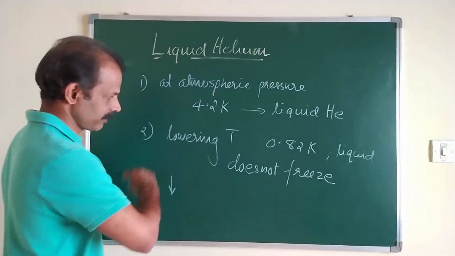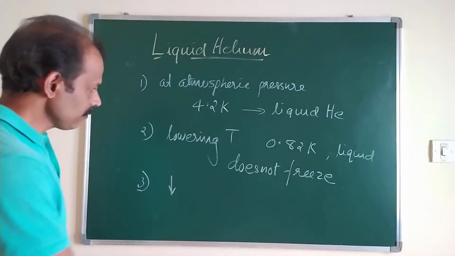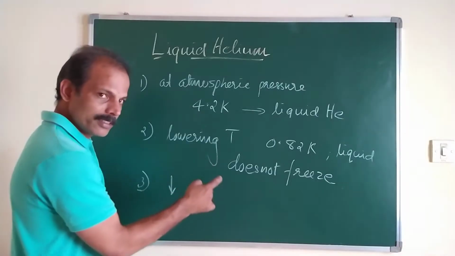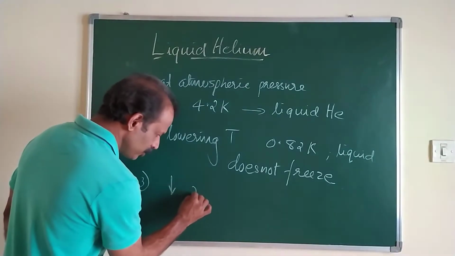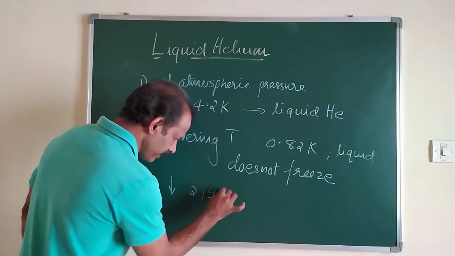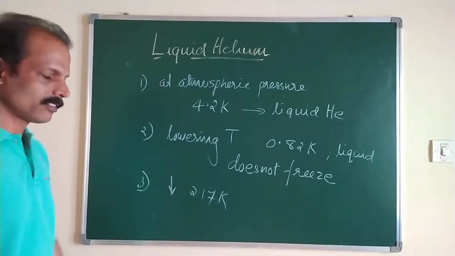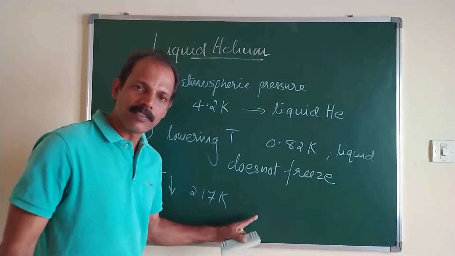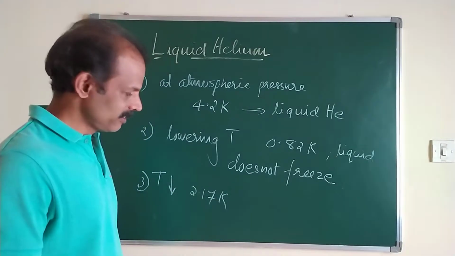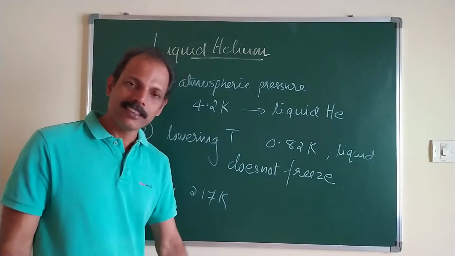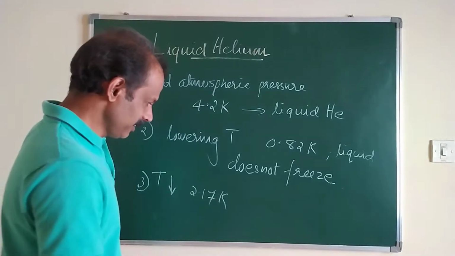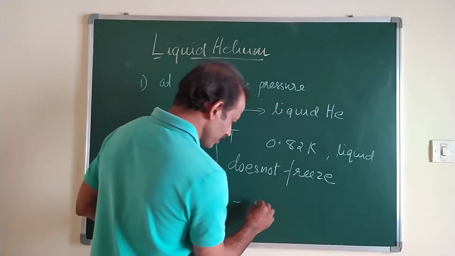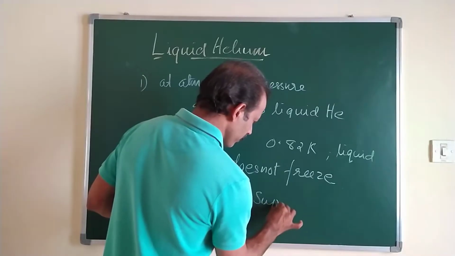As we discussed here, when we decrease the temperature to 2.17 Kelvin, a most strange behavior happens. That is, helium shows superfluidity.